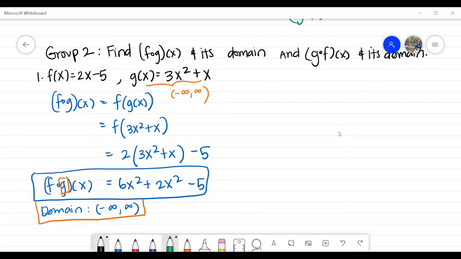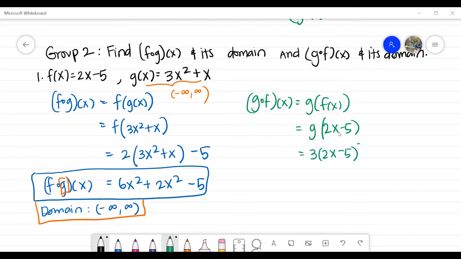So if we reverse this and we look at g of f of x, right, that means g is the outer function, which means we're plugging in 2x minus 5 everywhere you see an x. So 2x minus 5 squared plus 2x minus 5, okay?